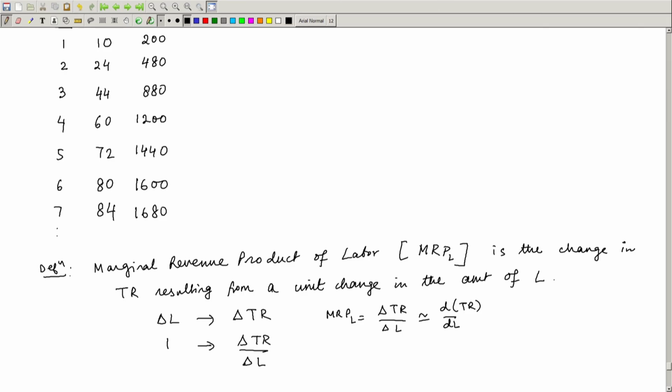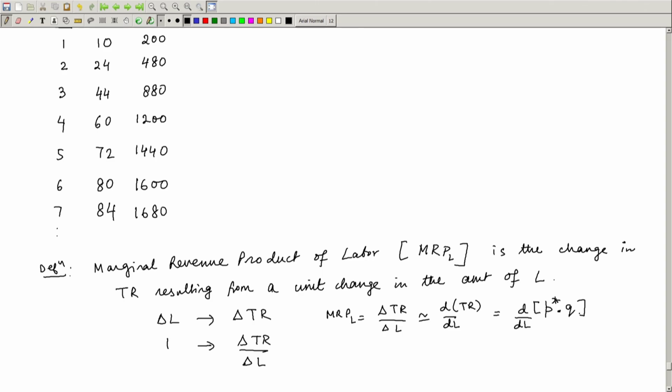Now, notice if I were to look at this expression, d/dL of the total revenue, the total revenue essentially is the per unit price times the quantity. So, I am looking at a very specific example where the firm is a price taking firm, right. A little later in the course we will give a specific name to this firm.